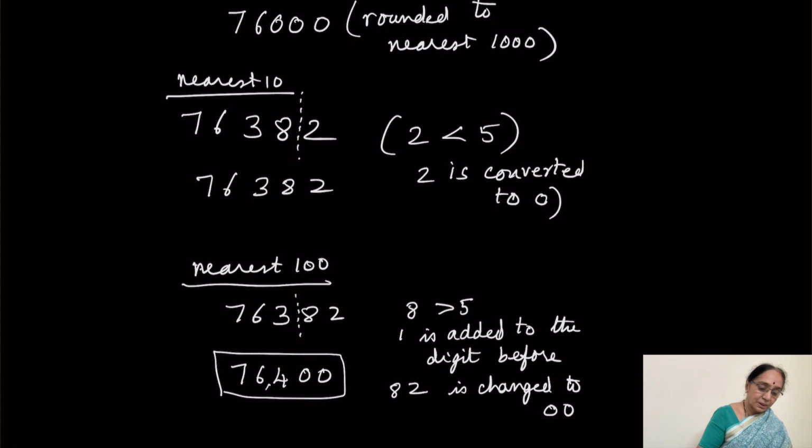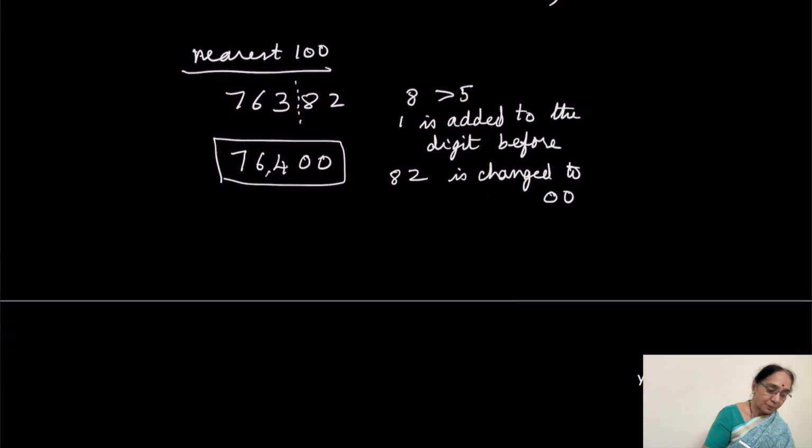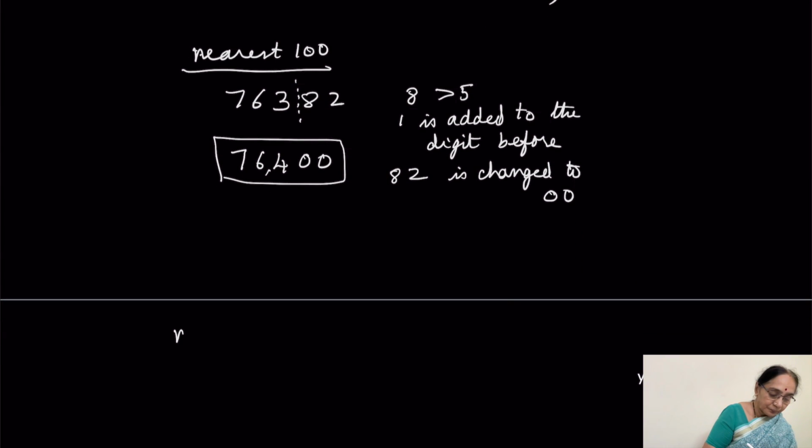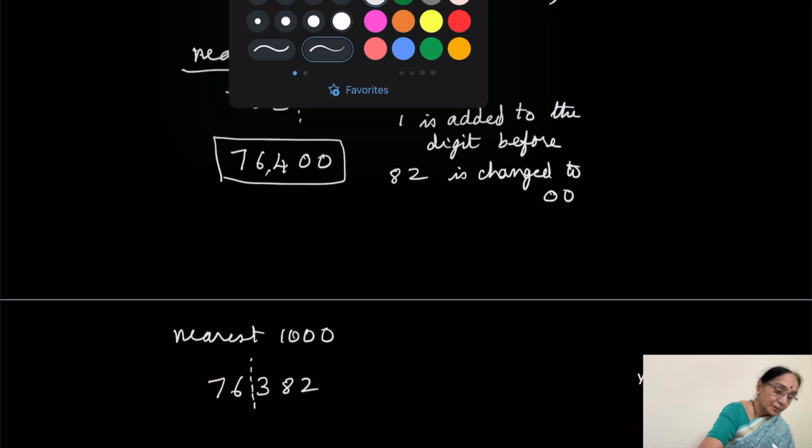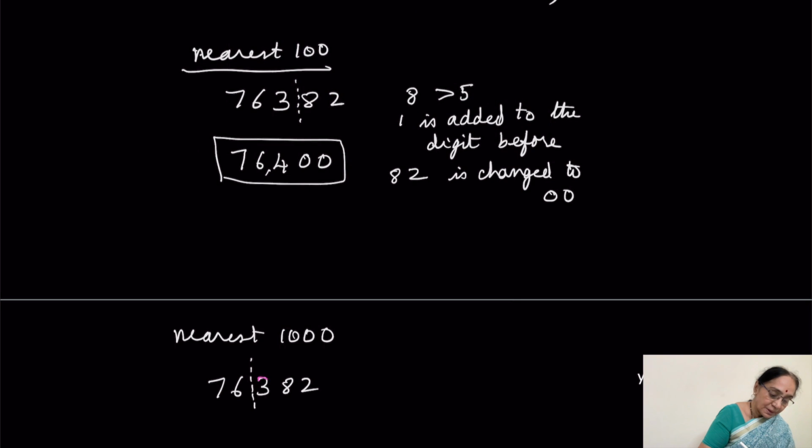Now we'll also see to the nearest 1000 using the same method. 76,382. I want to round it to the nearest 1000. An imaginary line goes here. And what is the number immediately after the line? 3. So immediately after the line is 3.